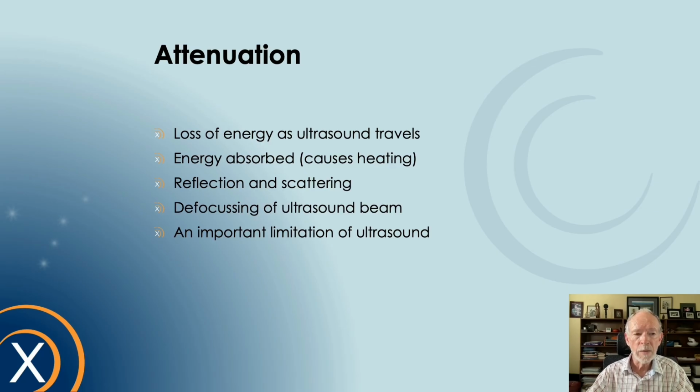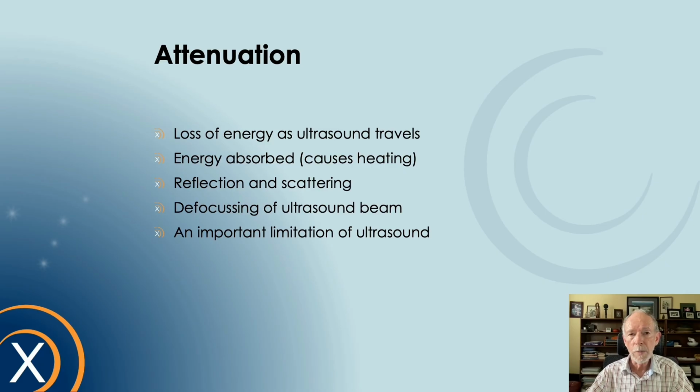Most of the time, it's a very small fraction of the energy that is reflected and scattered, and therefore this is a relatively insignificant factor. But some tissues have strong reflection coefficients, and we'll talk about this shortly as well, and in that case, the beam is significantly reduced due to that reflection process.